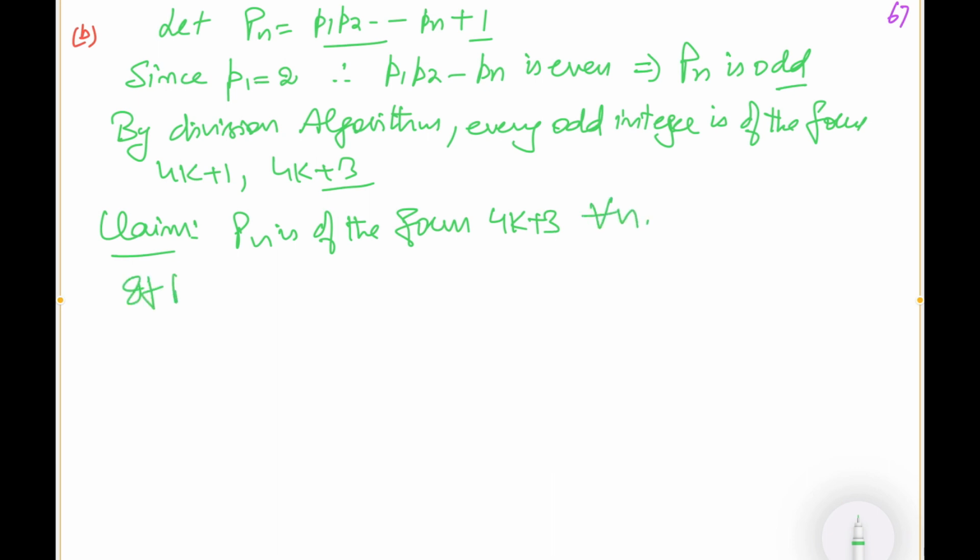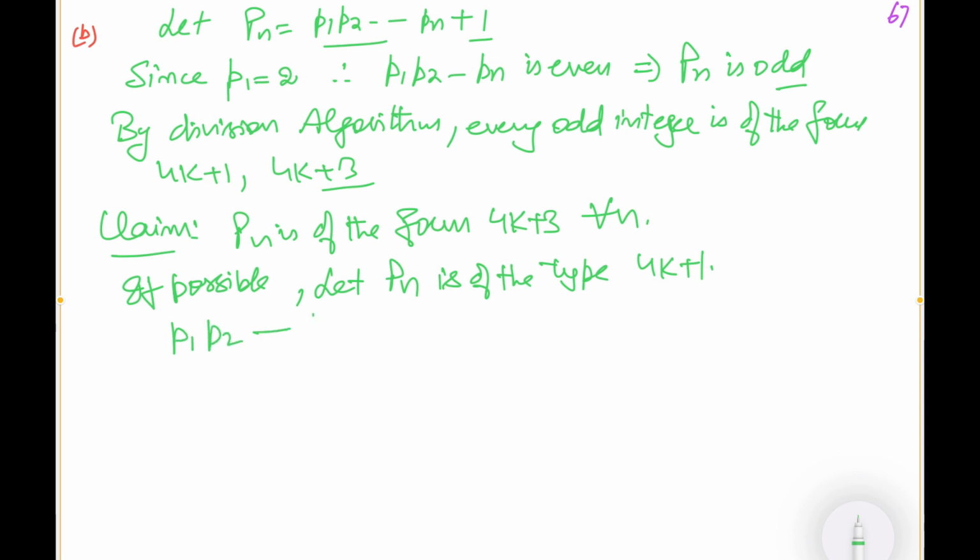If possible, let it be of the type 4k plus 1. That means P1P2...Pn plus 1 is 4k plus 1. So 1 and 1 cancel from both sides. P1P2...Pn is equal to 4k.